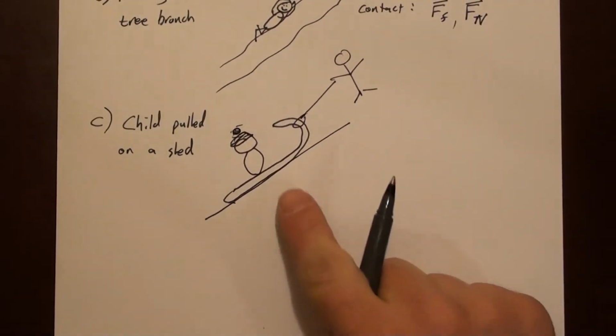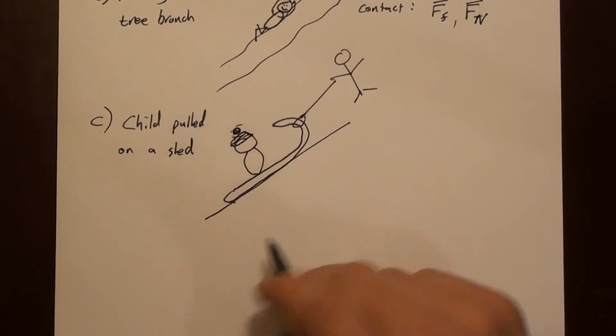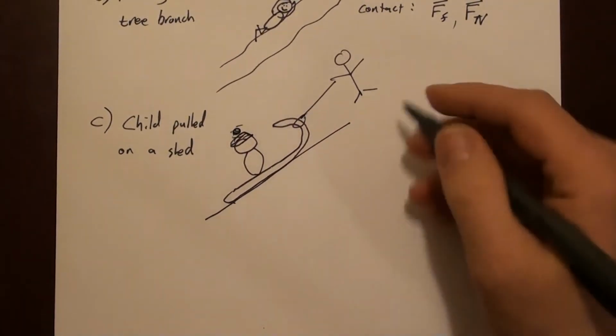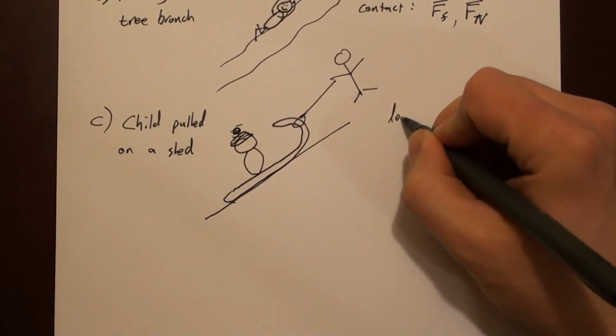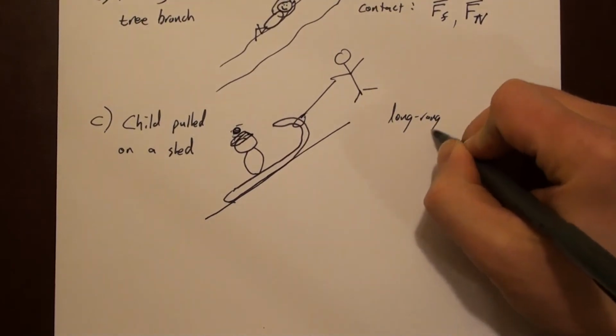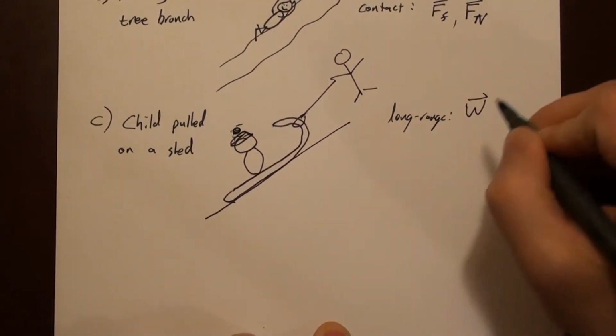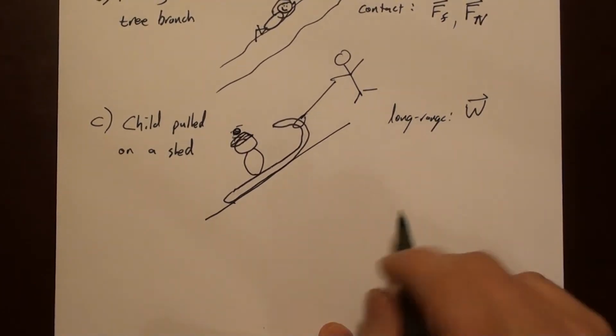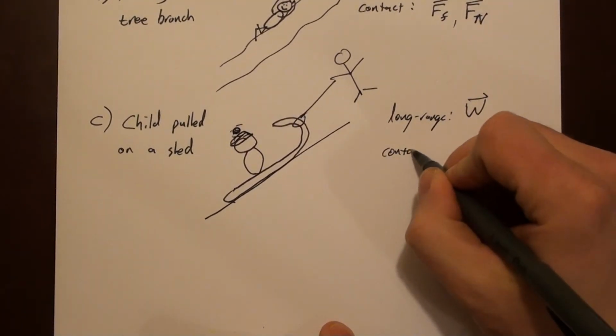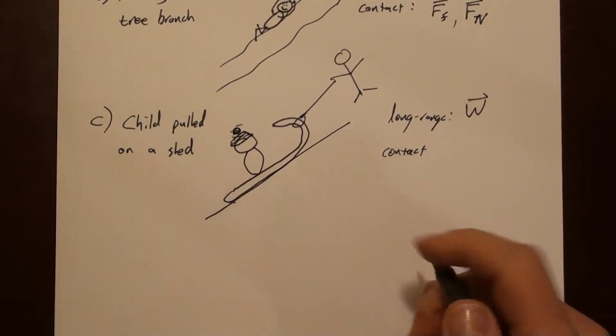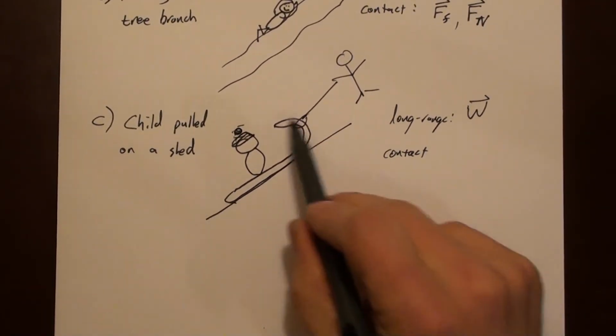So again, we have a long-range force, it's gravity, right? Gravity is going to be acting straight down, so we'll think about that in a minute. So the long-range force is gravity. I'm going to call that W vector, just to be different. And then contact forces. So we're considering the child and sled as a single object.